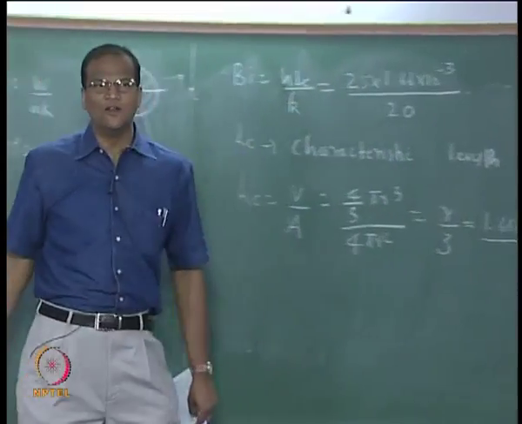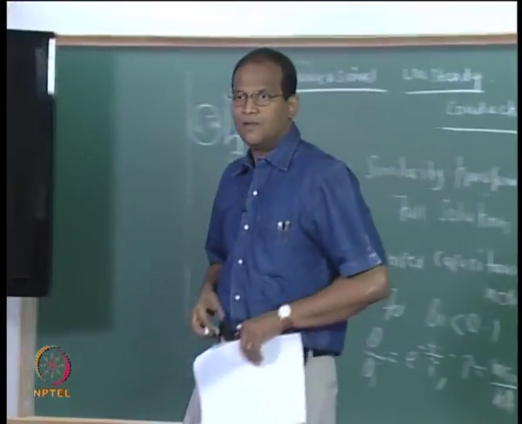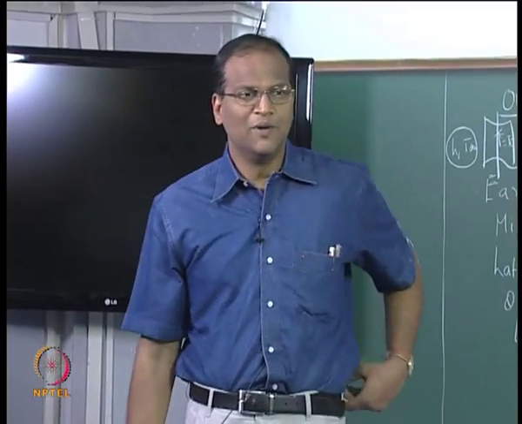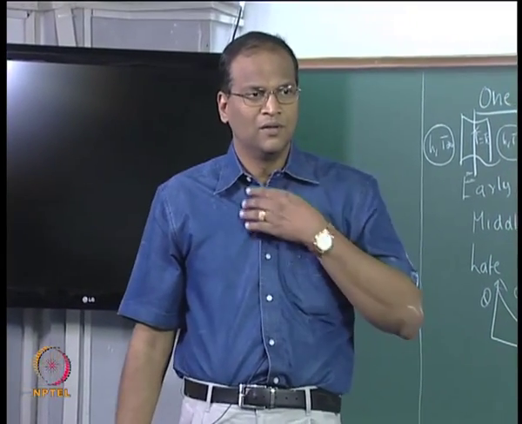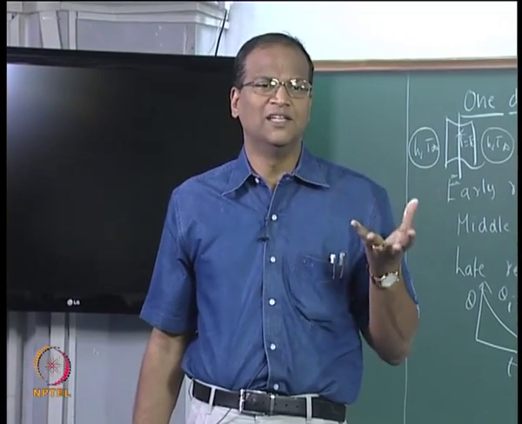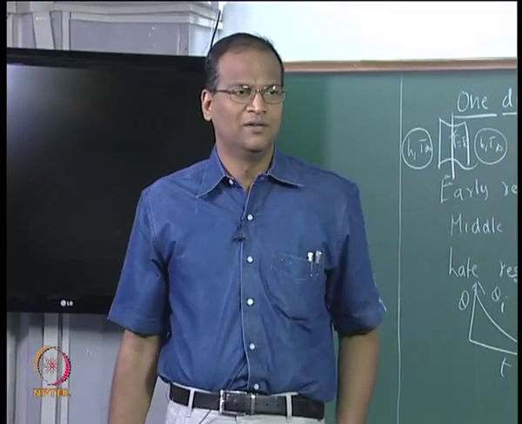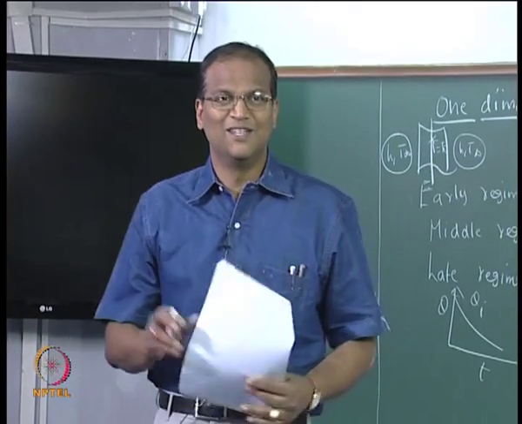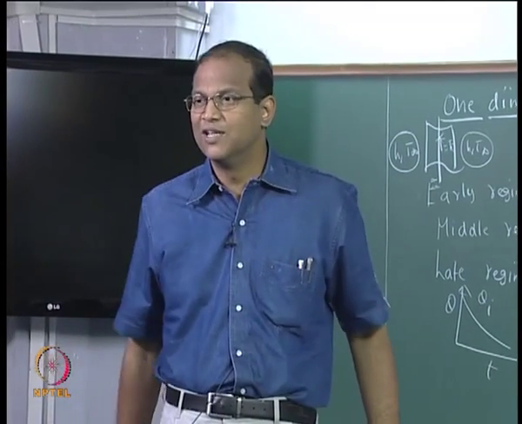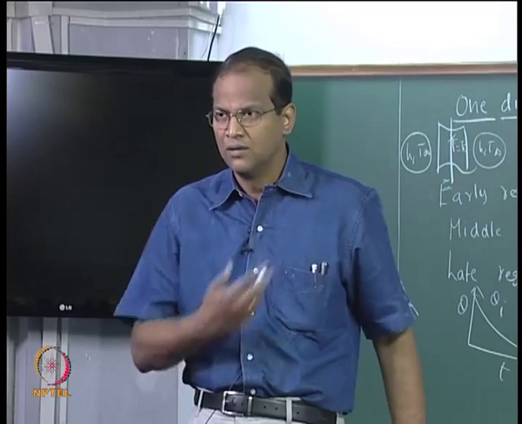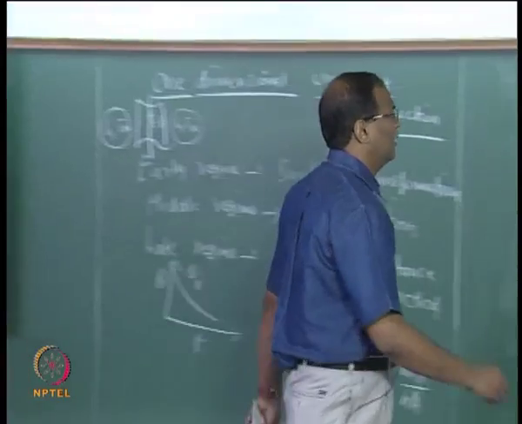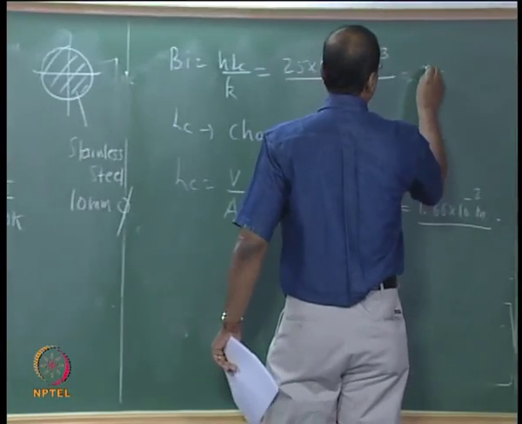Now Biot number, so the Biot number is ridiculously small. For a ball bearing and all that, blindly you can start assuming it is a lumped capacitance. Good thermal conductivity, very small size, good heat transfer coefficient. I mean, it should not be too good, then h is in the numerator, reasonable heat transfer coefficient. So, what is the Biot number? I will put 2.1 times 10 to the minus 3.